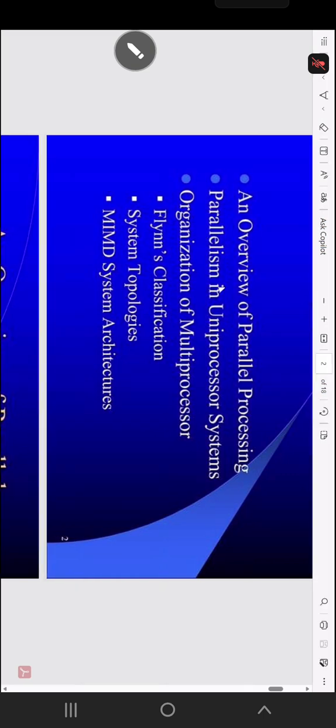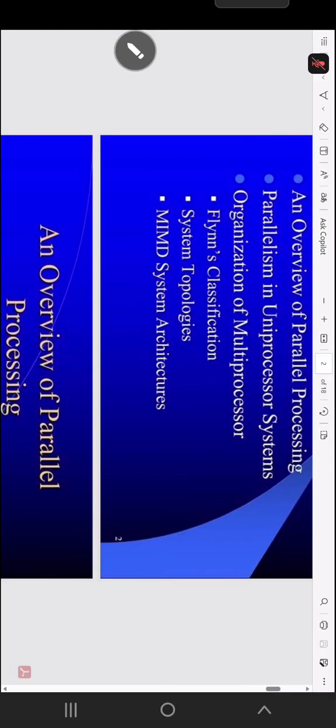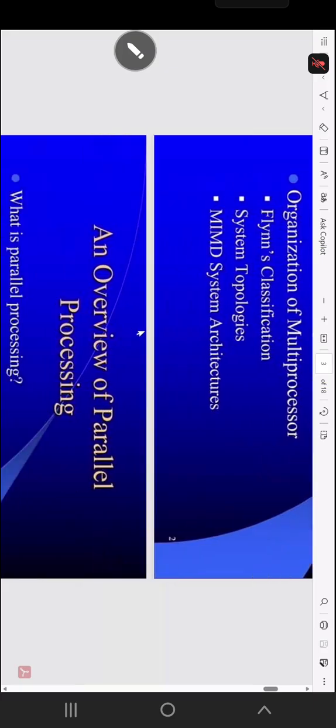An overview of parallel processing, parallelism in a uniprocessor system, organization of multiplexer, and line classification, system topologies, MIMD system architectures we are now going to cover.